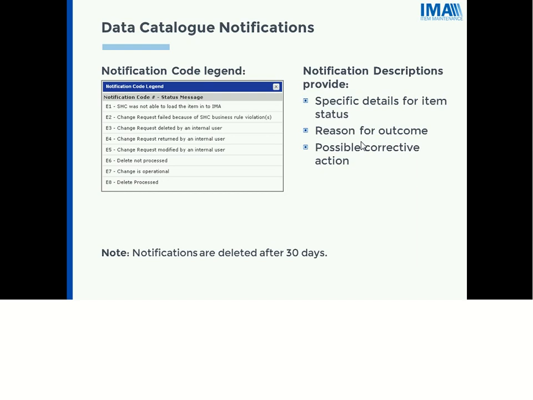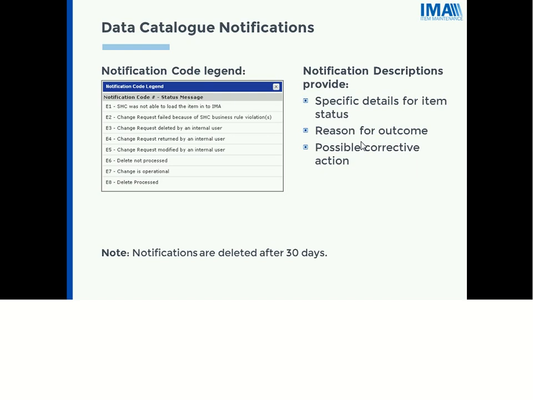Let's see. Is there a place that shows if it is successful or not? So if it's successful with the initial sync or with changes. Okay, so if it's an initial sync and you're syncing over new items, if it's successful, you will not see a notification.